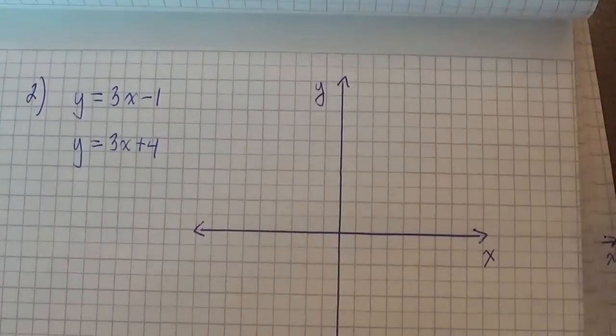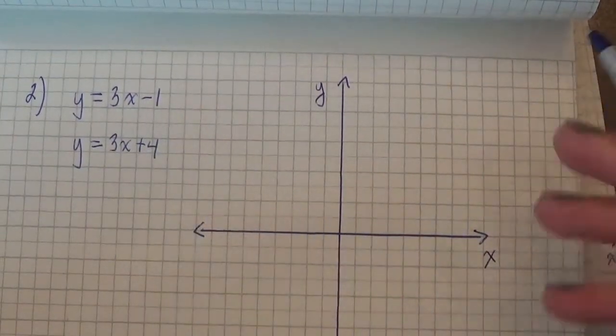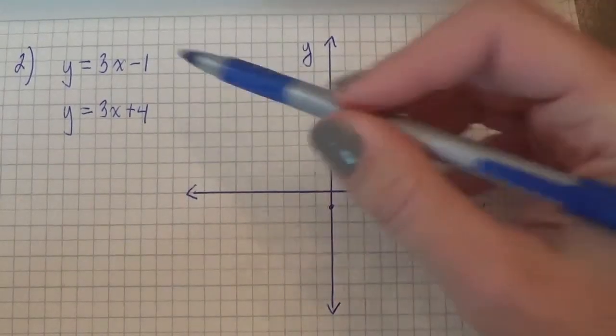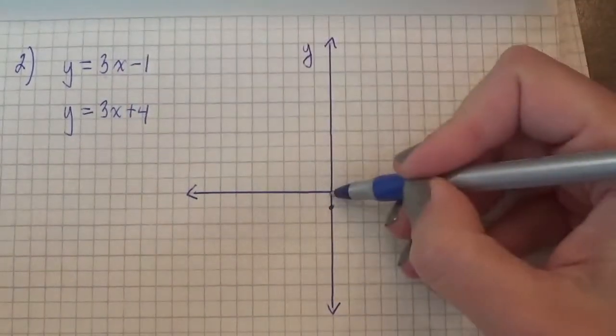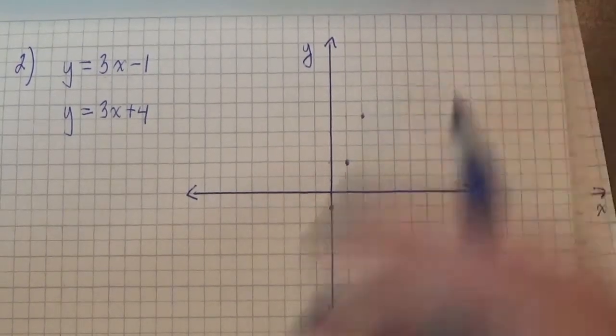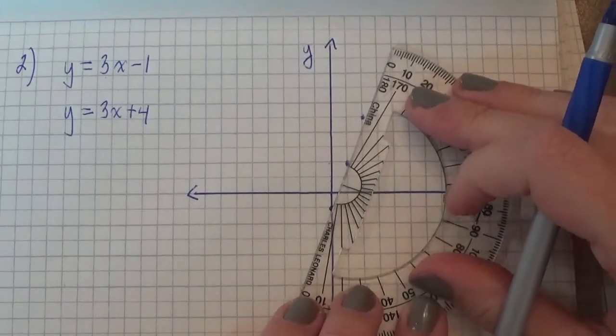Arrows, label x and y. All right, here we go. The first one, the y-intercept is -1. So here, and it has a slope of 3. So up 3 over 1, up 3 over 1. Okay, so there's our first line.